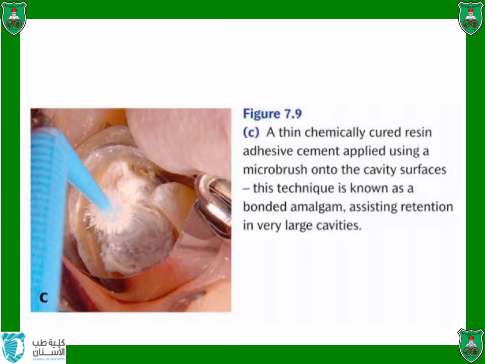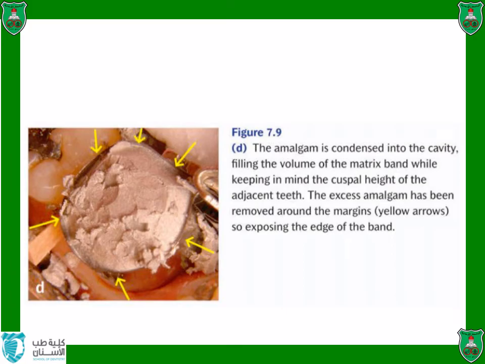The bonding agent should be chemically cured, or we call it self-cured resin adhesive cement. It should not be light cured. We will apply it to the tooth structure with a micro brush, and then after that we will start condensing our amalgam. The amalgam will be condensed in the cavity.